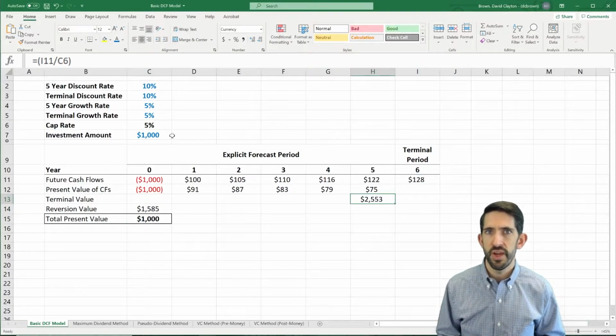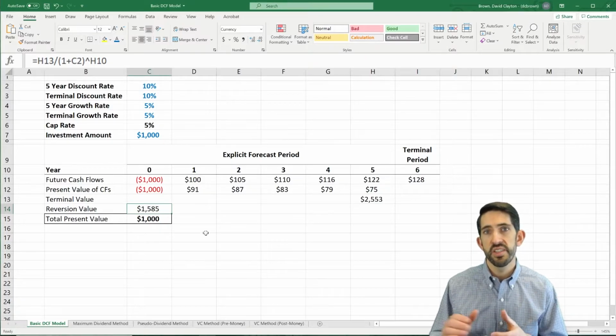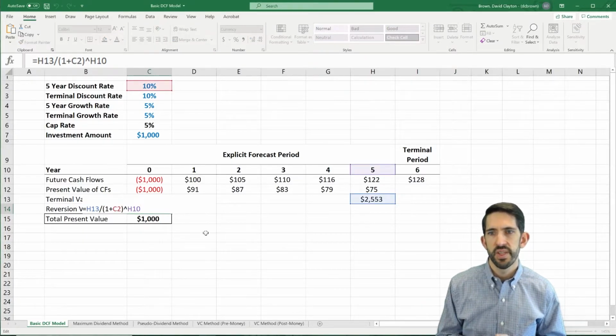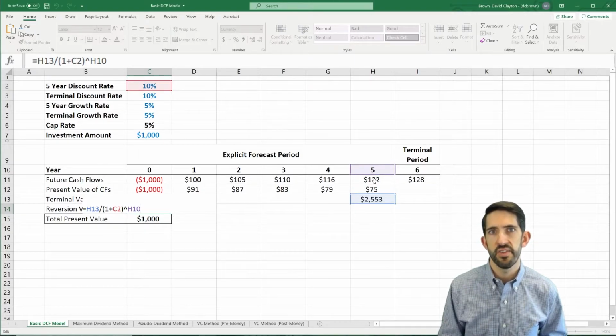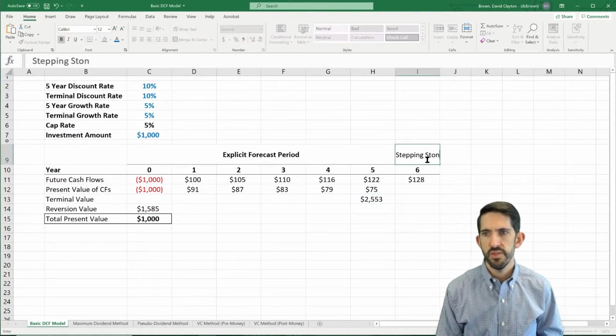Now the reversion value, this is where this other term comes in, is where we discount the terminal value back to time zero. And we do that by discounting at the 5-year discount rate, so that 10%, back for 5 years, the last of the explicit growth period. And finally, the last term you'll remember was our stepping stone year.